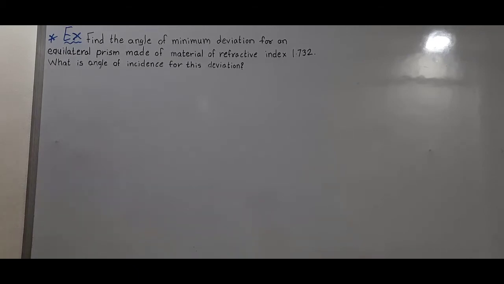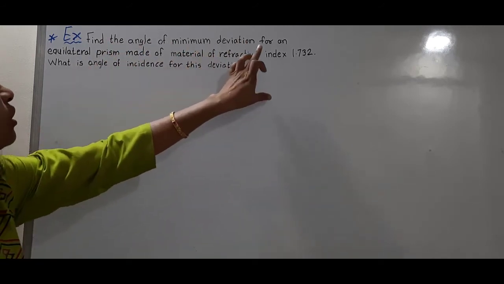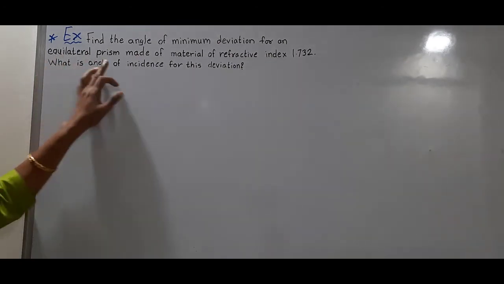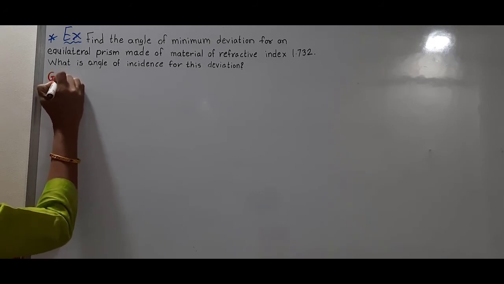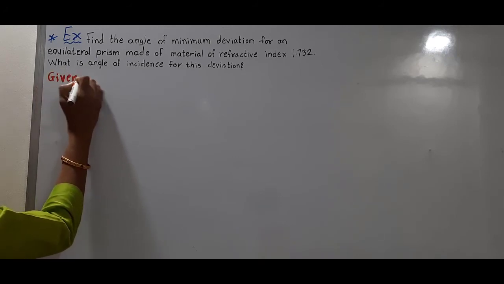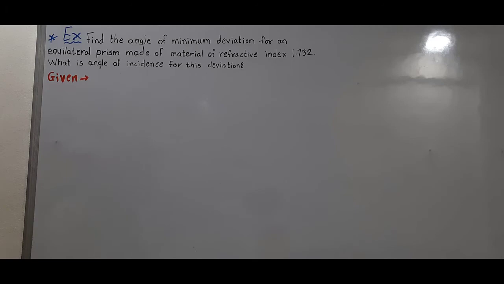Now we see an example. Find the angle of minimum deviation for an equilateral prism made of material of refractive index 1.732. What is the angle of incidence for this deviation? At first we will write down the given terms. What are the given terms here?